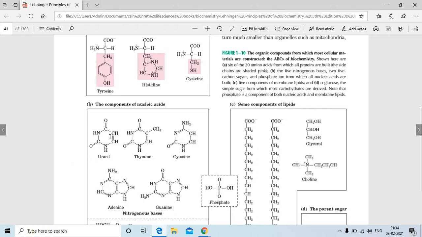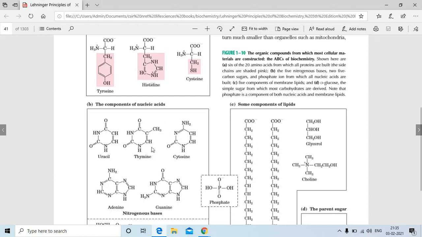So we can take uracil as one of the basic structures. It differs from cytosine in H, which is lacking in cytosine, and in thymine there are extra H's.